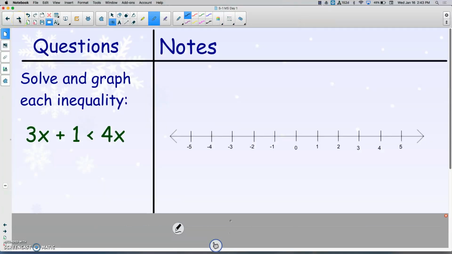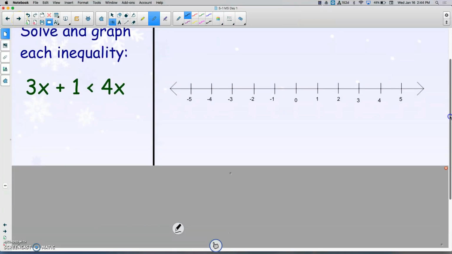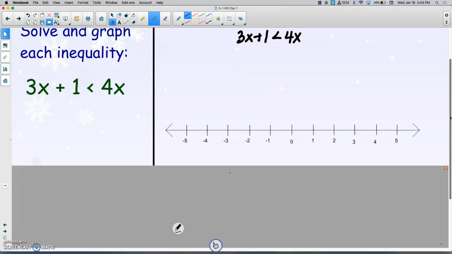All right, last 2 sets of examples. So what's different on this one is we have a variable on each side. We've solved problems like this before. You might not remember them. What we did when we had a variable on each side was we subtracted the smaller one. So I'm going to subtract away the smaller one from both sides.